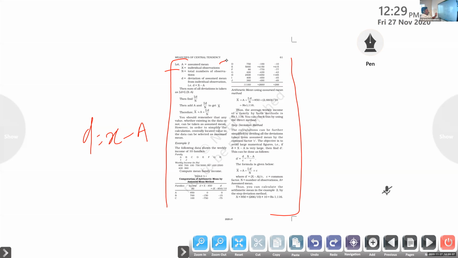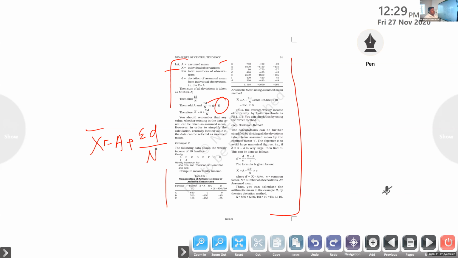Then add a, the assumed mean, there. Then add a and sum of d divided by n to get the arithmetic mean. Therefore the equation is like this: x bar, the arithmetic mean, is equal to a plus sum of d divided by n. That is the equation for finding the arithmetic mean by the assumed mean method.